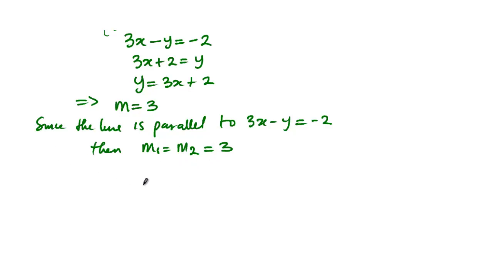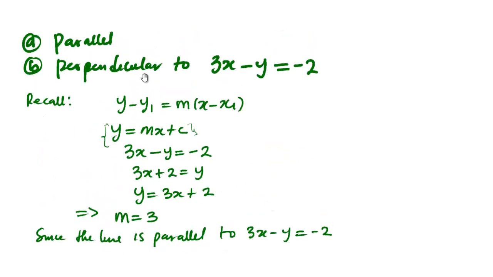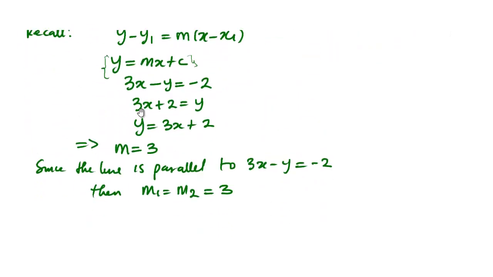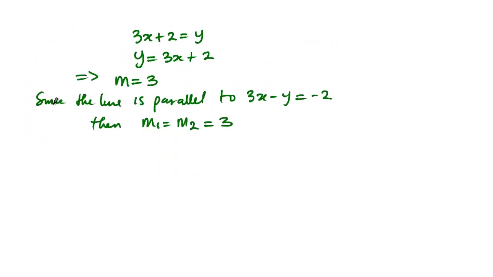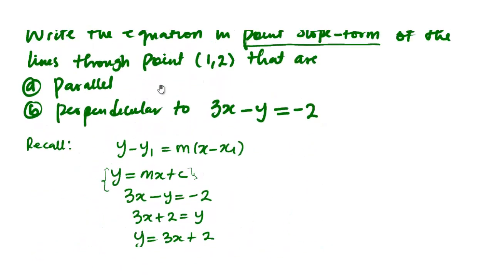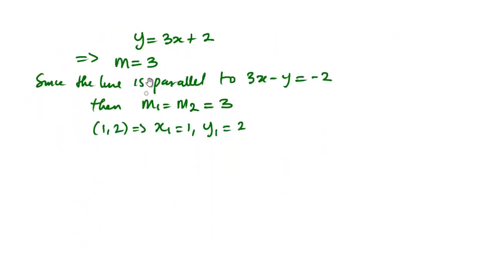And don't forget that it passes through the point (1, 2), so x1 is equal to 1 and y1 is equal to 2. So we now use it in point slope form.